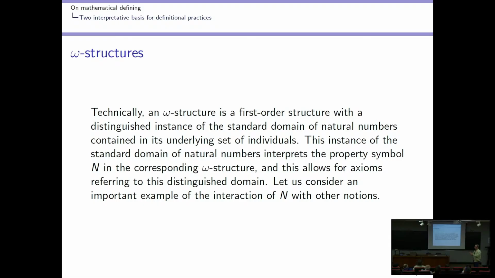So they are in a sense more restrictive. It is a subclass of the class of all first order structures when you look at the class of all first order structures for the full signature. But if you look from the point of view of the smaller signature, then all first order structures can also be immersed in an omega structure. So it is in a sense also an expansion of the universe.